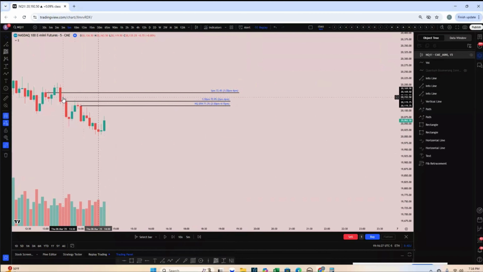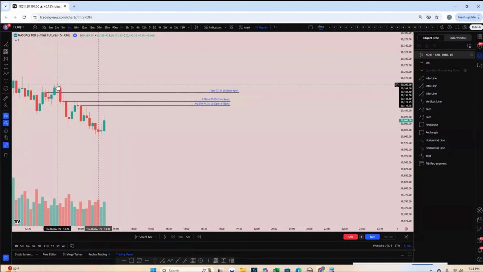I'm assuming yes. So if I have these levels that haven't been touched, what happens when people are short and they get squeezed out? So if I'm expecting us to go up, once I knock out these, these people have to close their position.